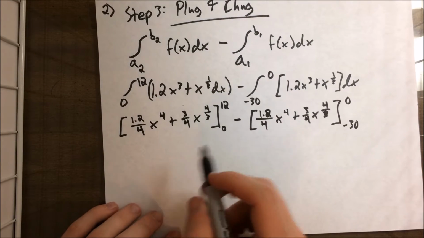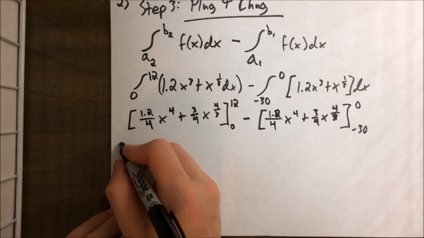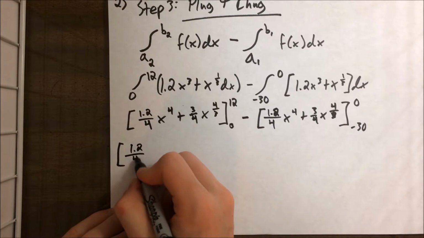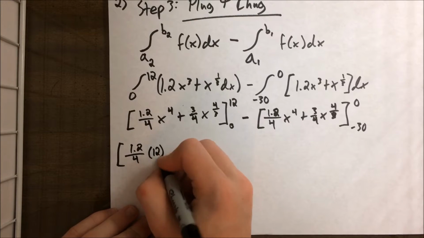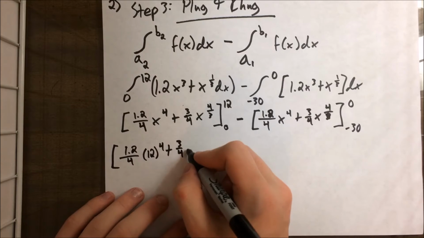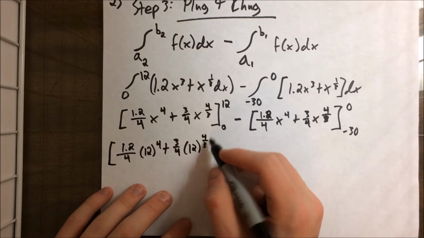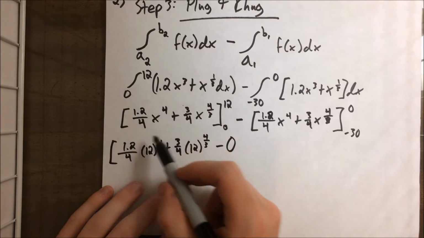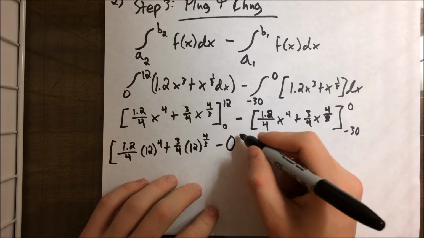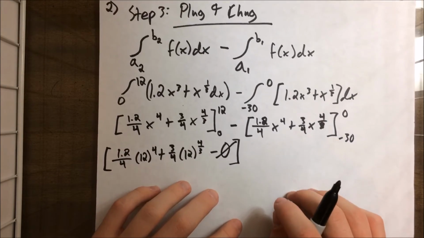Okay, so then we can plug in. So then we're going to have 1.2 over 4 times 12 to the 4th plus 3/4 times 12 to the 4/3, and then minus 0 because if you plug in 0, it's going to zero out. Okay, so I'm going to put a line through that to tell you that.